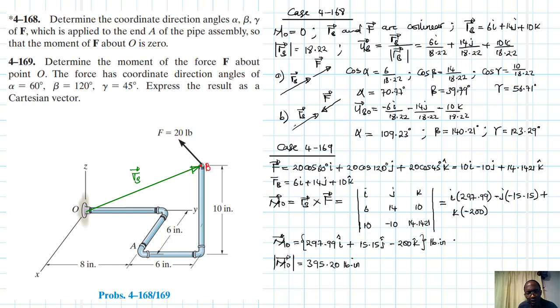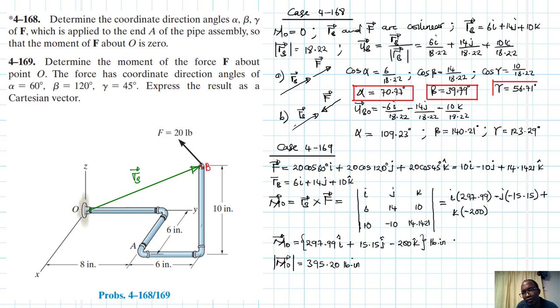Let's just outline our solution. We have two solutions here for the first case: the values of alpha when the force vector and the moment arm are in the same direction. Of course, you expect them on first condition to be collinear, but they can be collinear in the same direction as well as in the opposite direction.